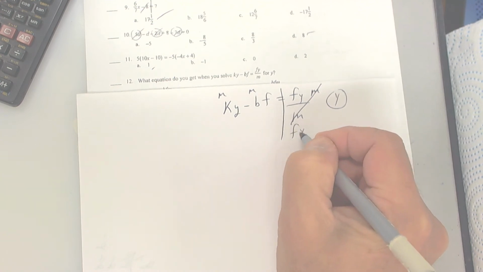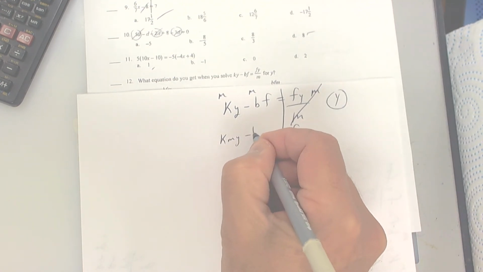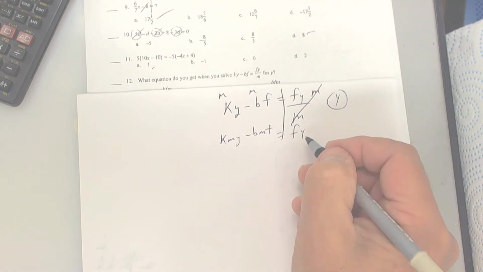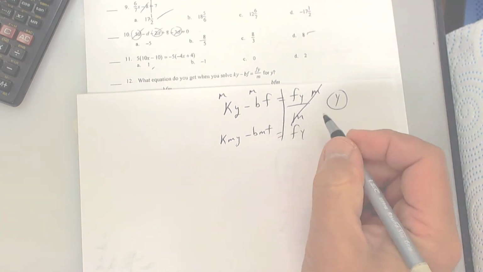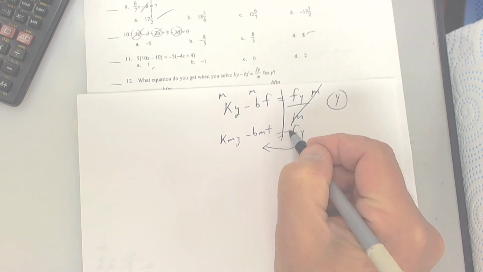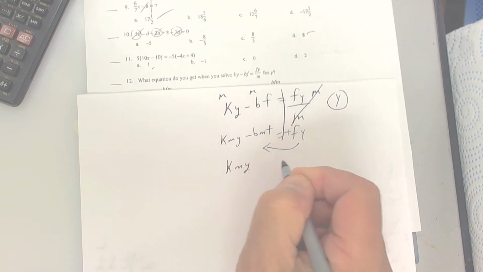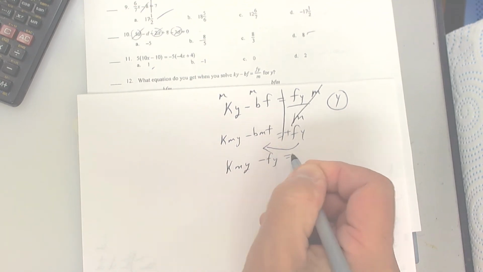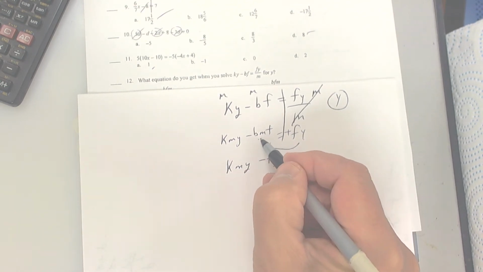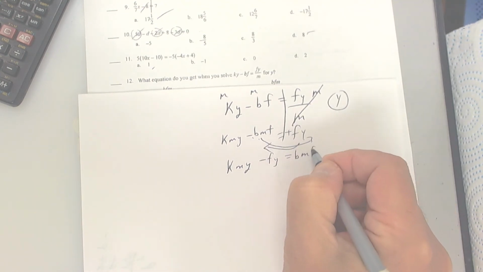So you're going to get fy is equal to kmy minus bmf. All right, now, oh, I see. Okay, so we want to move this one to this side. So it's a plus, so it's going to become a negative. So it's going to be kmy minus fy. We're going to move this one, since it doesn't have a y, to this side. It's going to change to a plus, bmf.